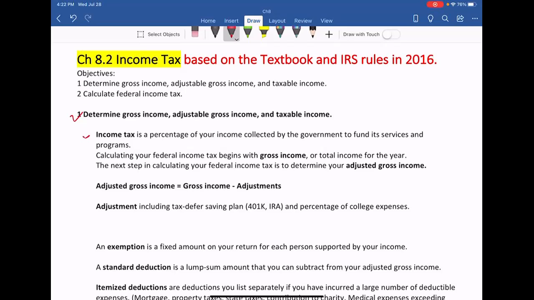The next step is to determine your adjusted gross income. The formula of the adjusted gross income is gross income subtract adjustment. What is the adjustment? That includes tax deferred saving plans like 401K, IRA, and a percentage of the college expenses.